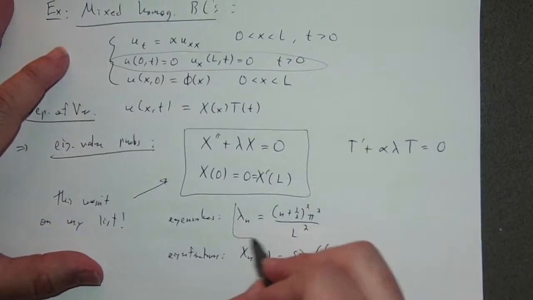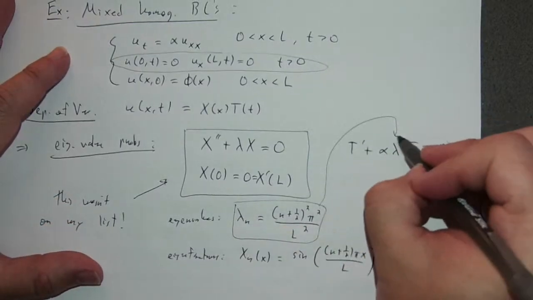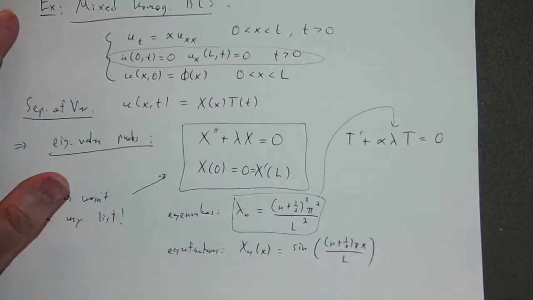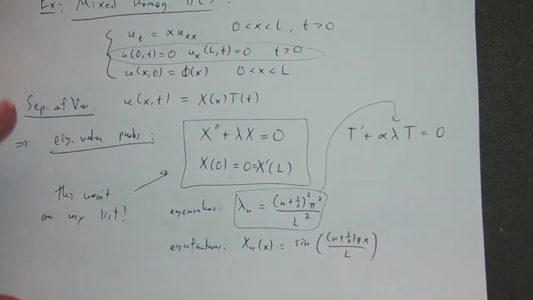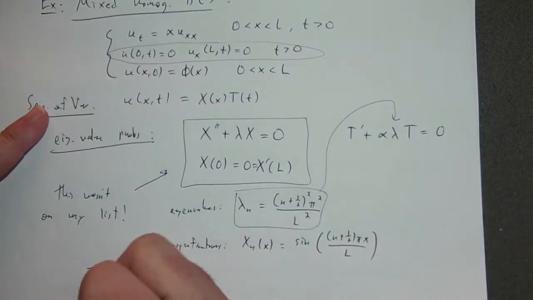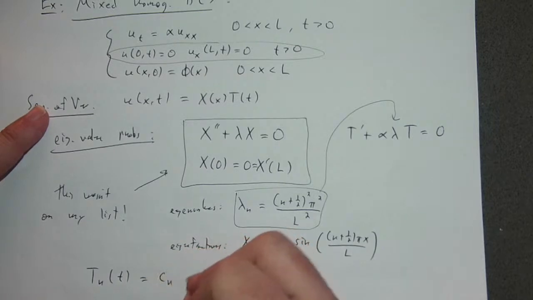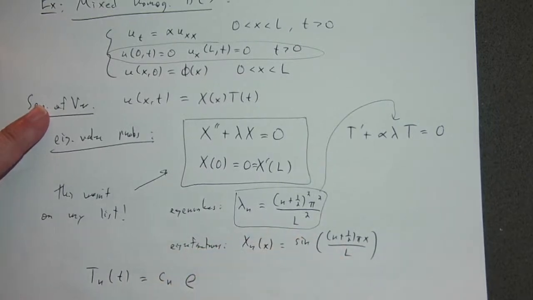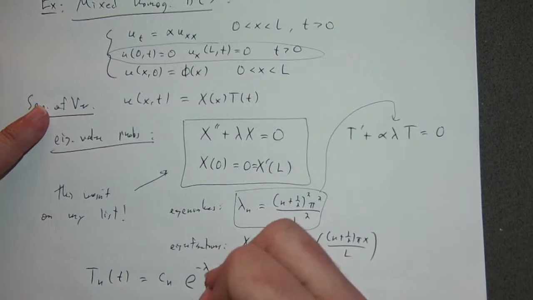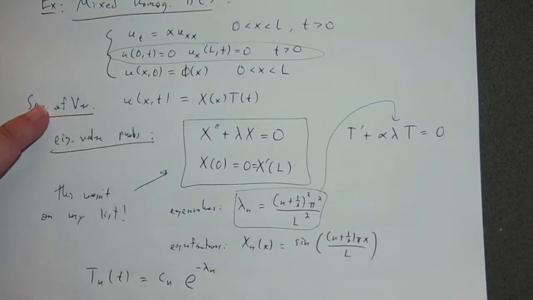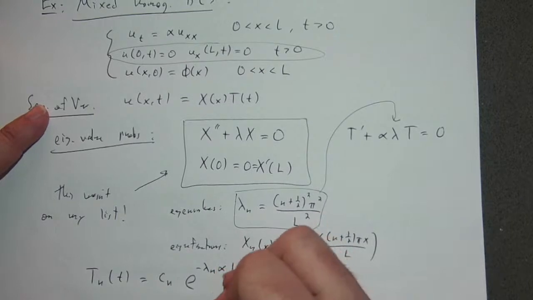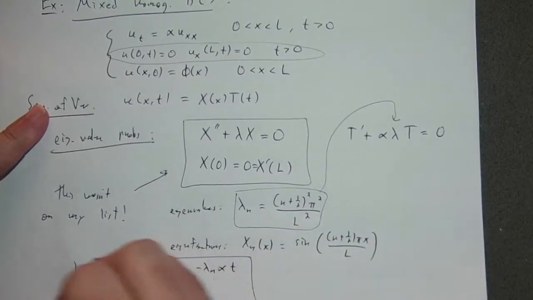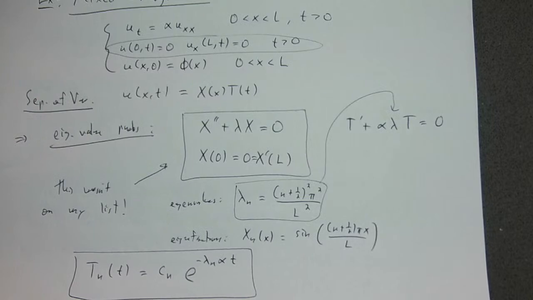Plugging these eigenvalues into this eigenvalue problem for T yields solutions T sub n of t equals some constant c sub n e to the minus lambda sub n alpha t. Okay, the usual, right?